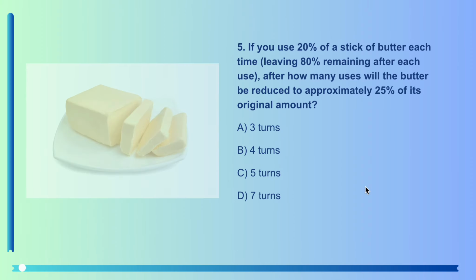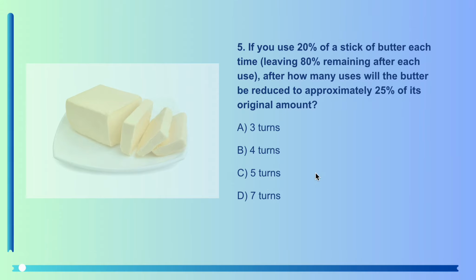Next question. So you use 20% of a stick of butter each time. So each time you're cutting off a little part, and the remaining is 80%. After how many uses will you have approximately 25% left? So you just want to have 1/4 of the butter left. The rest of it should be gone.